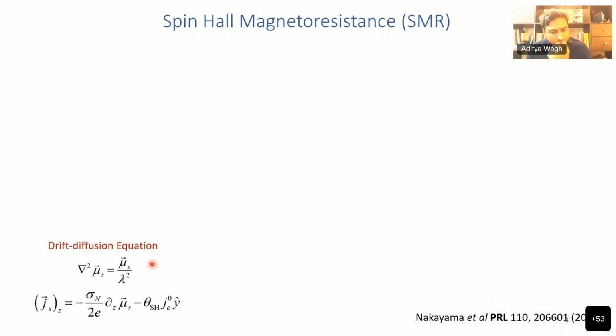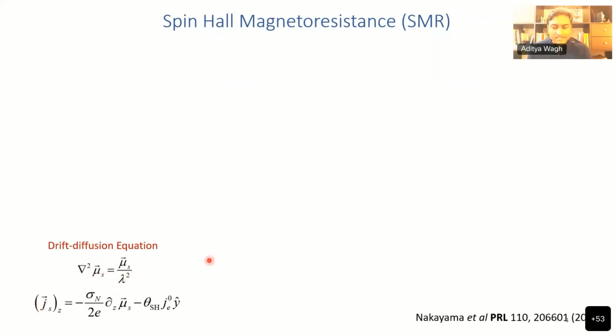It's a drift diffusion equation. The only difference here is that spin currents are tensors, a collection of two vectors: one is the spin polarization, and the second is how the spin flows. In this equation, mu s is a vector, so the spin potential is a vector, and you solve this equation with some boundary conditions.